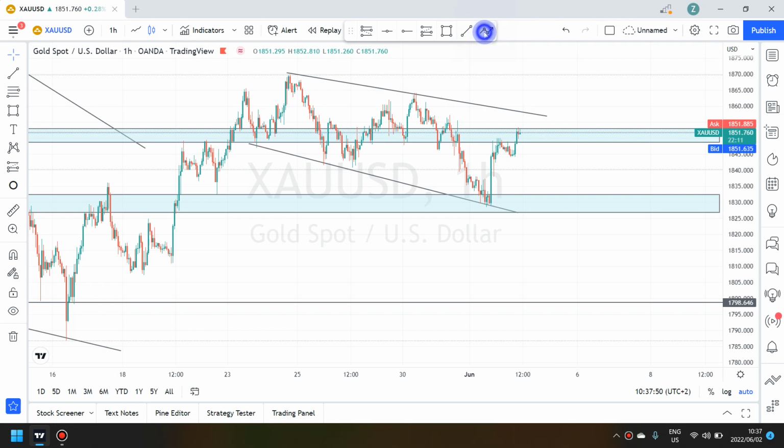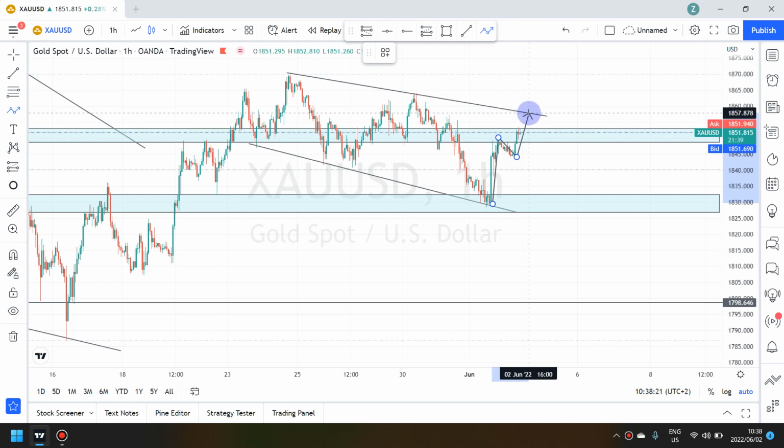Or the market can, okay, so this is what the market can do. The market can push to the upside, touch our resistance trend line, gain enough momentum, reverse, then break and retest, and then from there it might buy. Or the market can give us a head and shoulders.